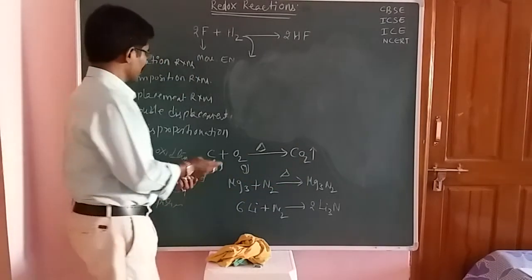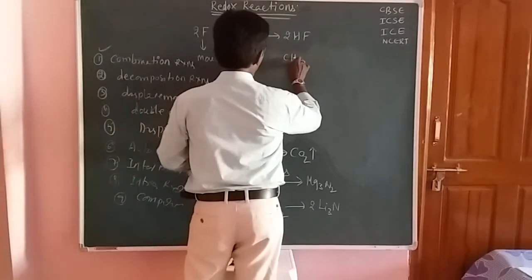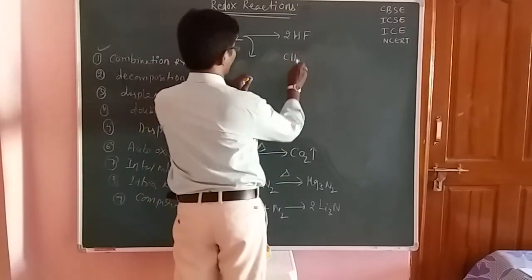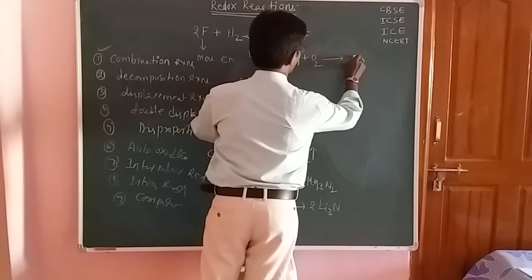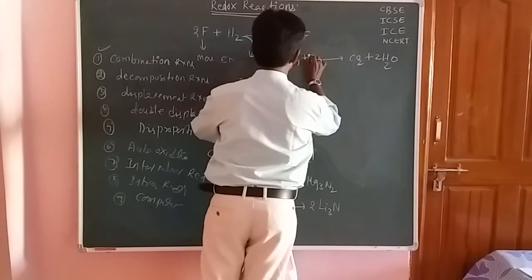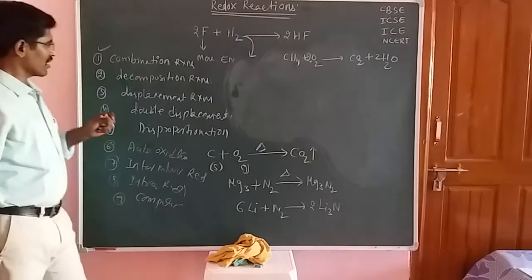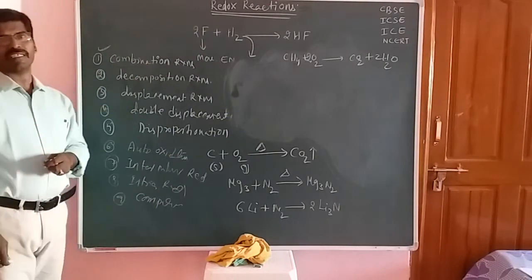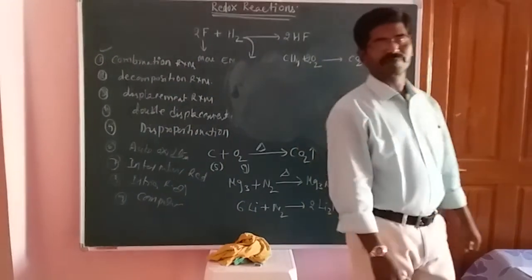And one more example: the CH4 molecule, methane, combined with O2 gives carbon dioxide and 2 moles of water. This reaction also comes under the combination reaction type. So these are the first category, students.